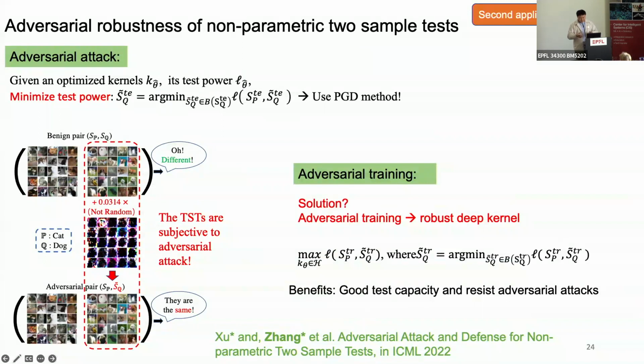For its realization, we use the training data to iteratively generate the adversarial pairs by minimizing the test power, and then update the deep kernels by maximizing the test power on those adversarial pairs. Then we can learn the robust deep kernels. The robust deep kernels will have good testing abilities, but also resist adversarial attacks.